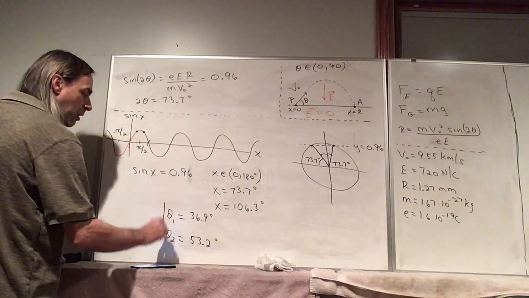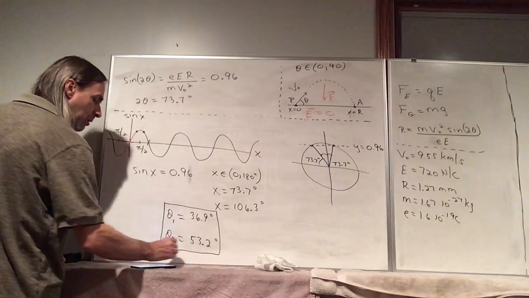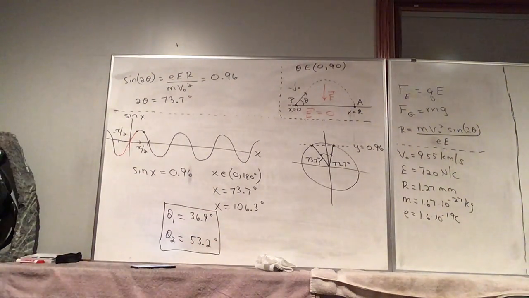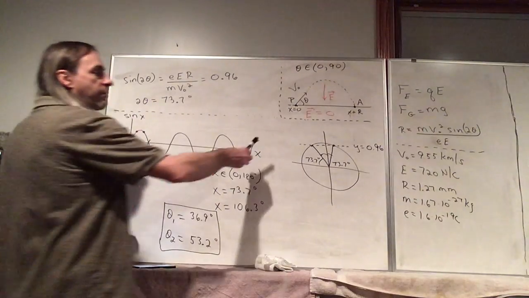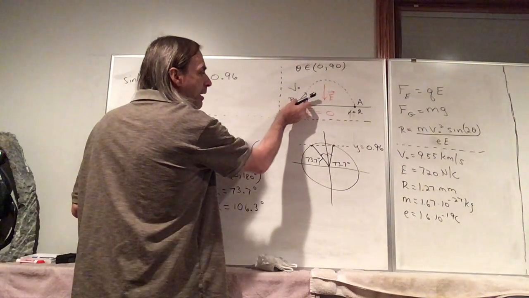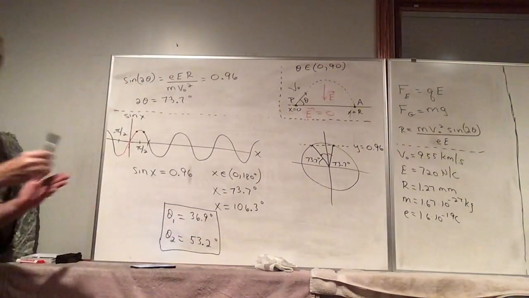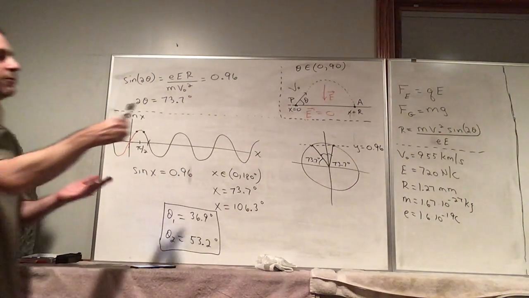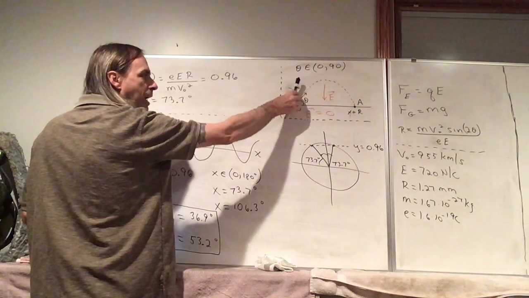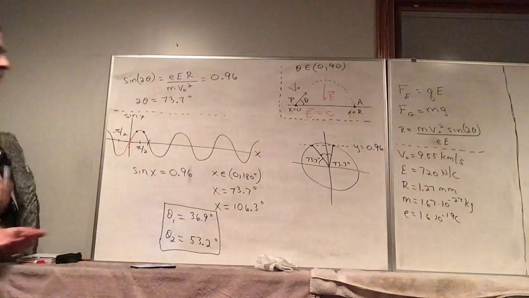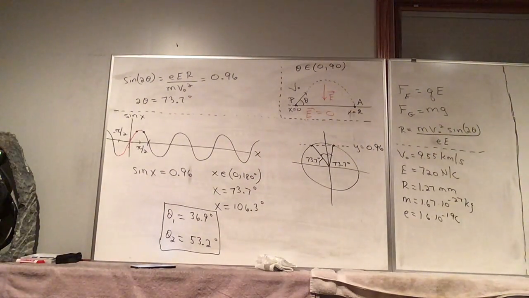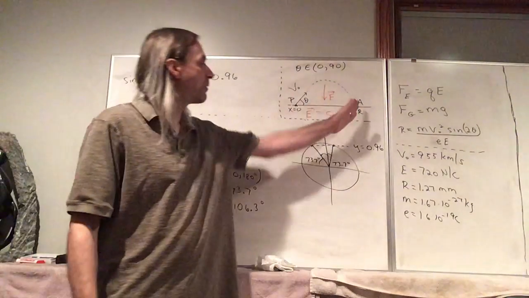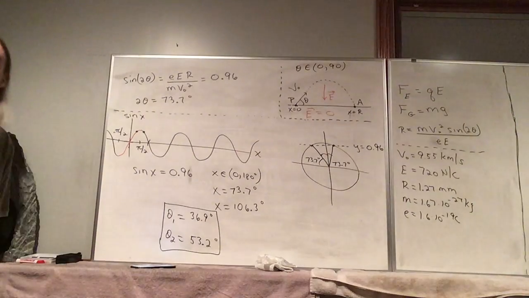So those are our two angles where we could aim this fast-moving proton. 45 degrees would give us maximum range, so a little bit less than 45, and also a little bit more than 45 will hit that same point, 1.27 millimeters from where it enters this region.